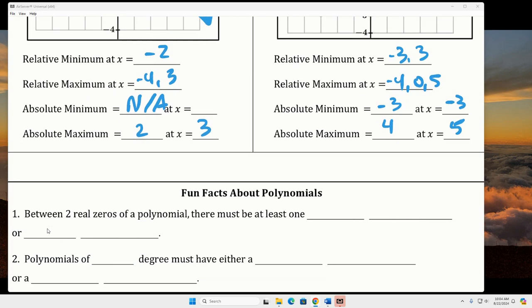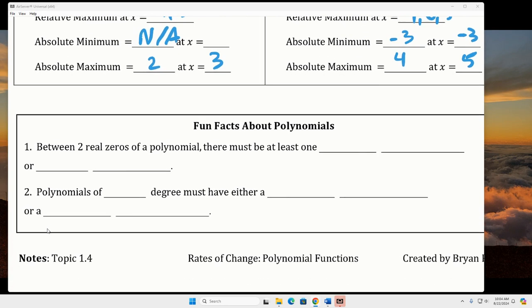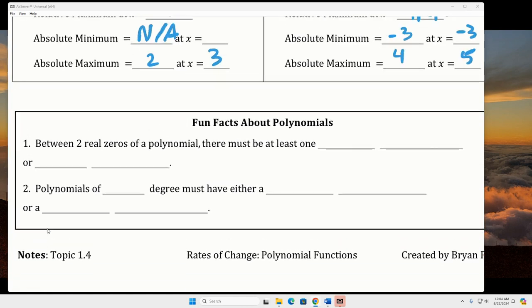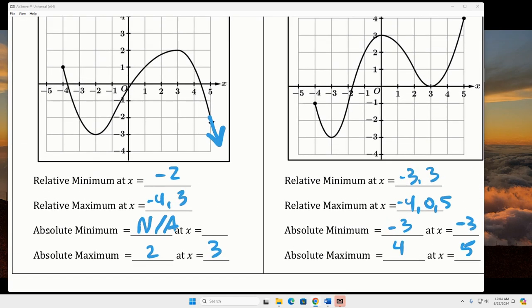All right, so let's look at some fun facts. These are fun facts, but they also are actual standards where they might create some kind of question to see if you know these fun facts. So between any two real zeros of a polynomial, so zeros are basically x-intercepts where the function is 0. So that's 2 zeros.